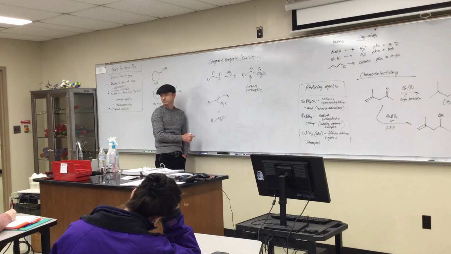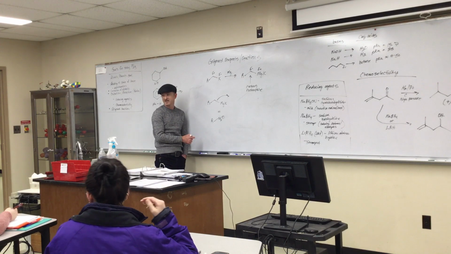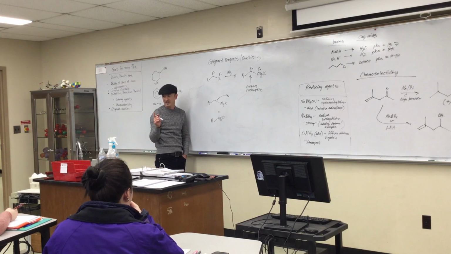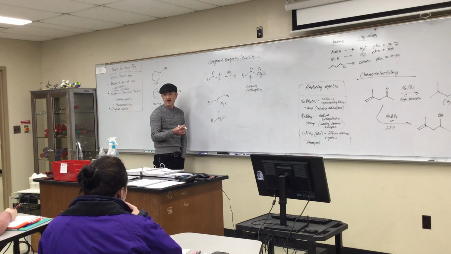Got it? Isn't the magnesium ionically bonded, wouldn't it dissociate? It is going to dissociate, that's correct. That's actually how you get rid of it at the end, when you quench the reaction.